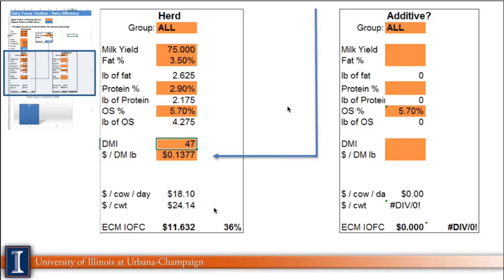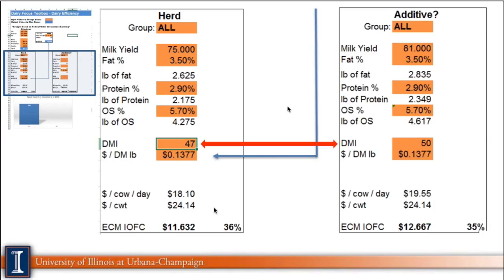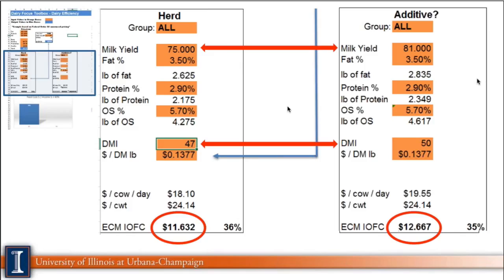Now what I want to do in this scenario is, let's say we change the dry matter of this cow. You put fans, you put better comfort to those cows. Now you can make them eat 3 pounds more. As the rule of thumb, from 3 pounds of dry matter, let's say you're going to have 6 extra pounds of milk. That's your milk yield here. And see the impact that you have.